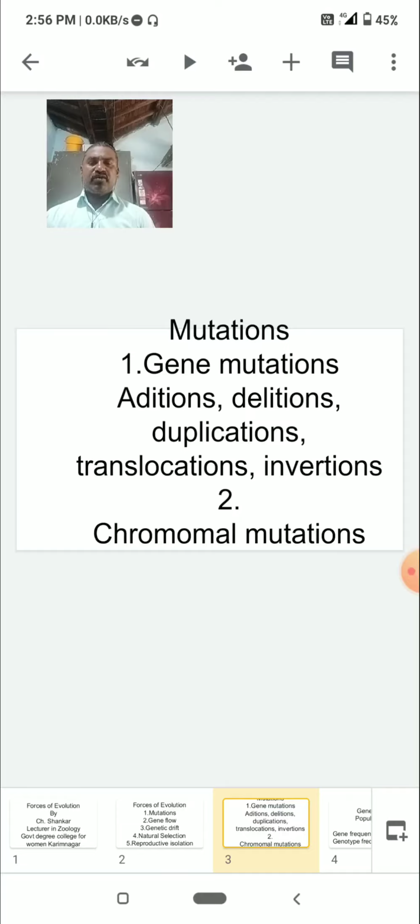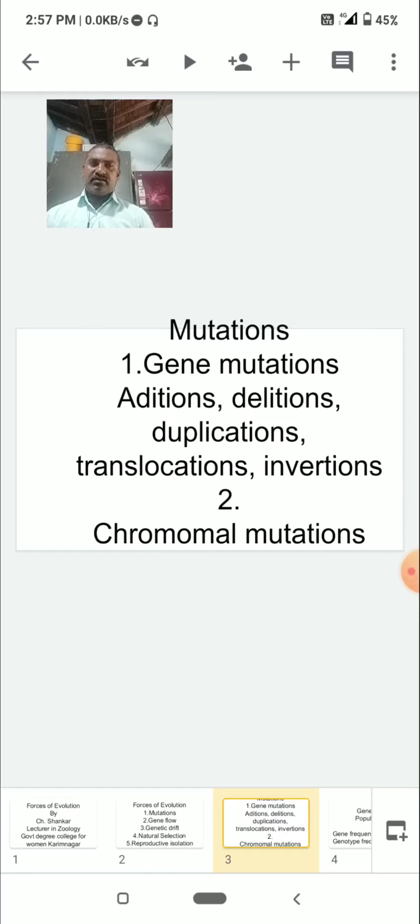The second one is chromosomal mutations. Mutations that take place in the chromosomes are called chromosomal mutations. Here a haploid condition, diploid condition, and polyploid condition are there. A single set of chromosomes present in the organism is called haploid condition, especially present in some algae.